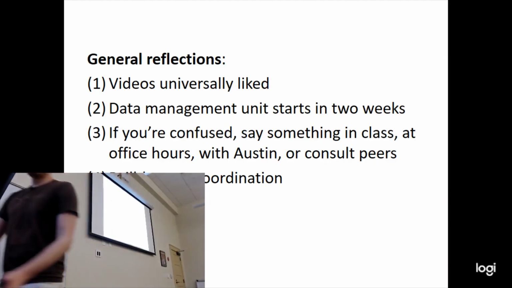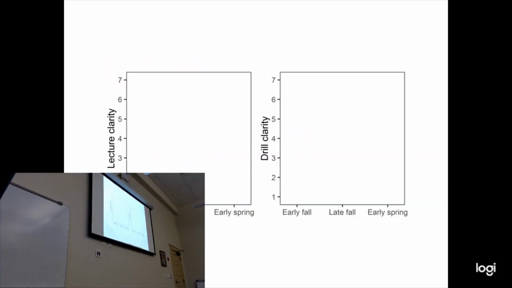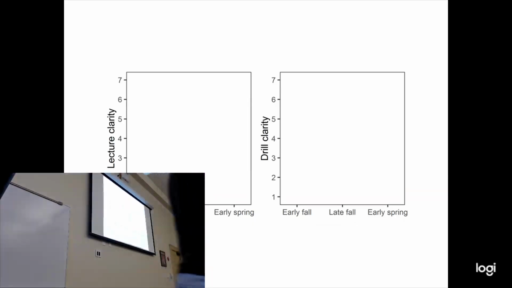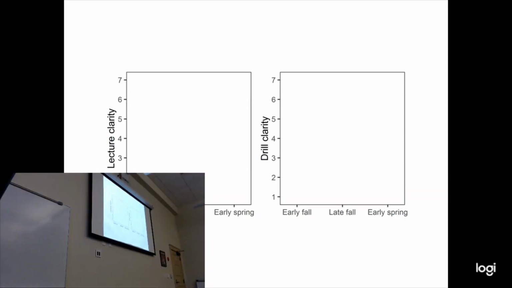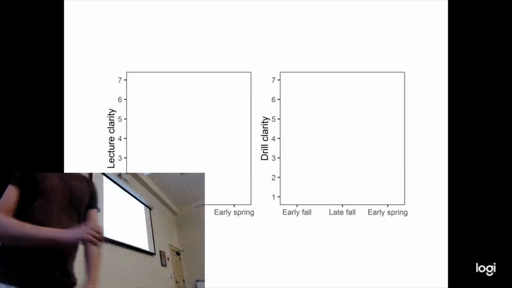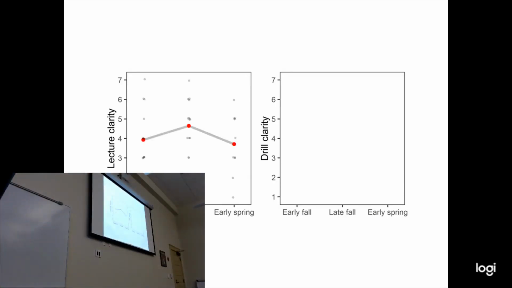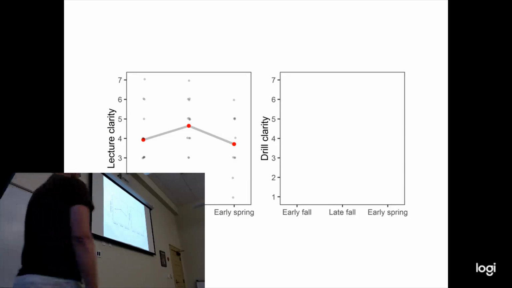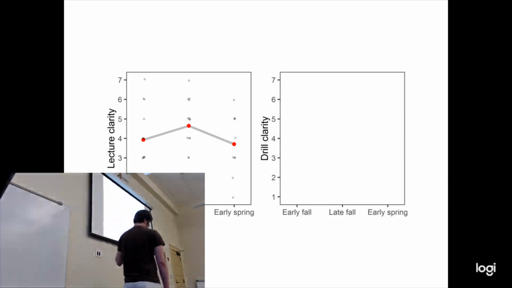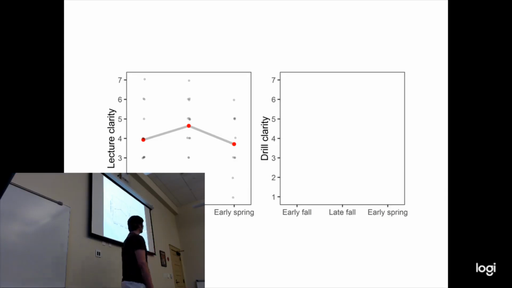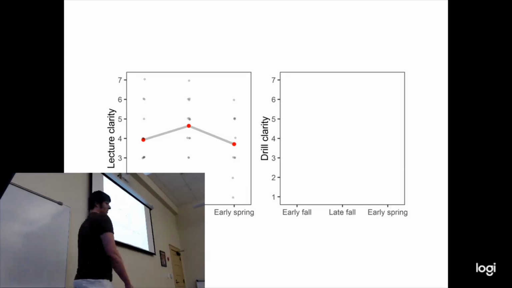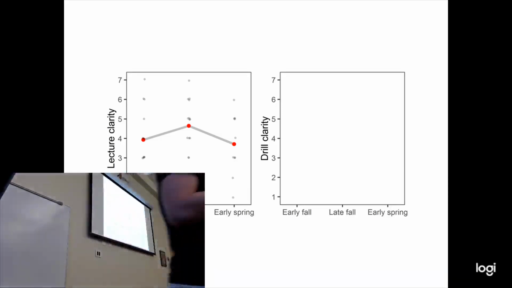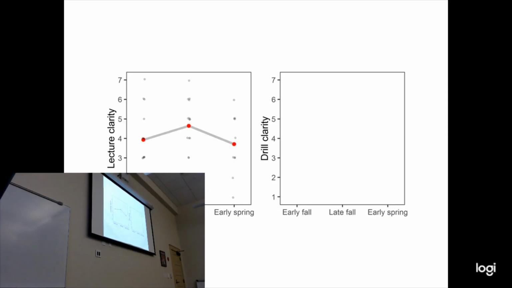As for the quantitative ratings, we've now done this 3 times. I don't know if the same people have responded each time. It's intentionally anonymous, but I'll show you what the time trends look like. So on lecture, late in the fall, there was a spike in perceived lecture clarity that is lower at this last time point.